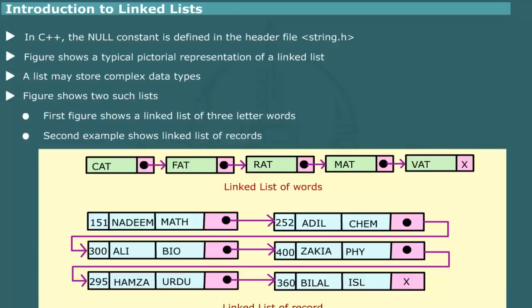The roll number is the key field which uniquely identifies a node. Observe that in the pictorial representation, the arrow points to a succeeding node alone. Later, we shall examine special lists in which the arrows are directed forward and backward.